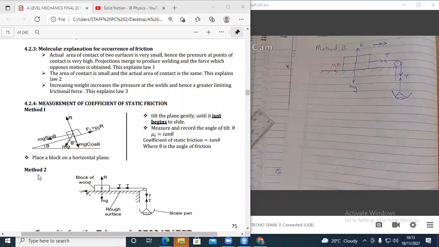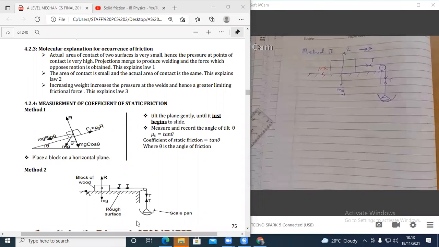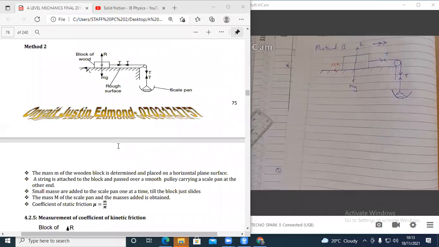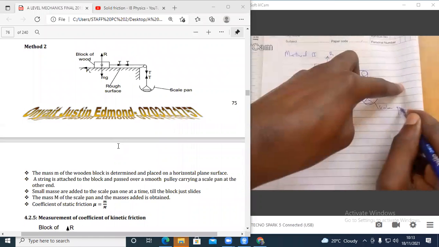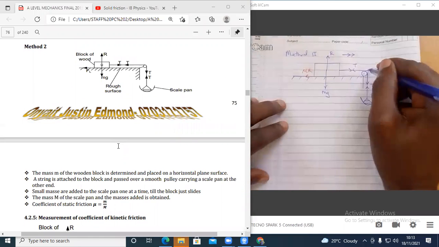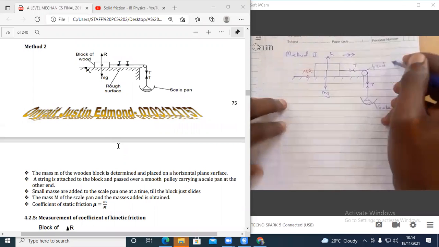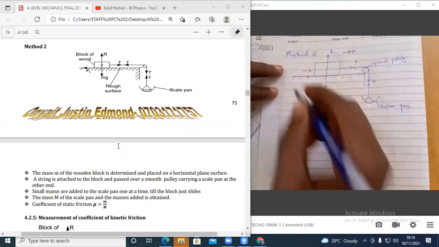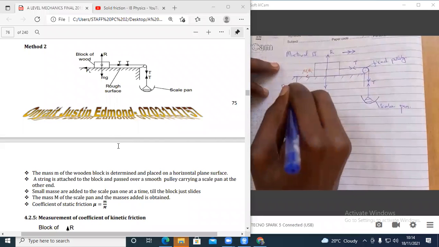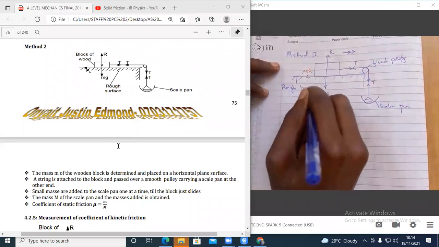How do we go about the procedure? What are the procedures? So this is the scale pan, this is a fixed pulley, and this is a rough horizontal surface.